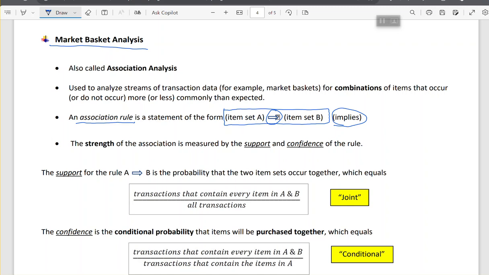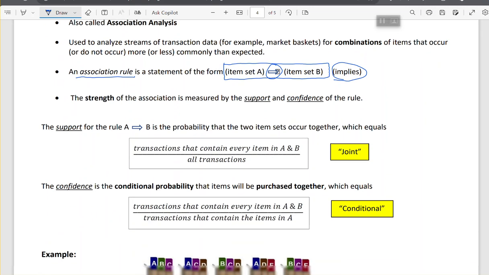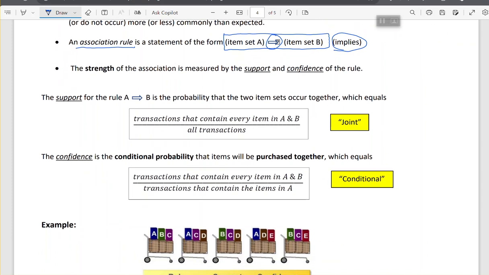To measure the strength of the association, most of the time we use these two: the support and the confidence. Now let's look at the support. What is the support of this rule from A to B?